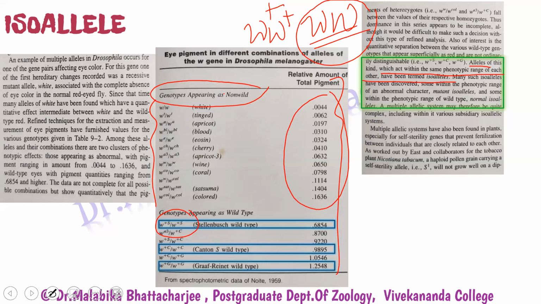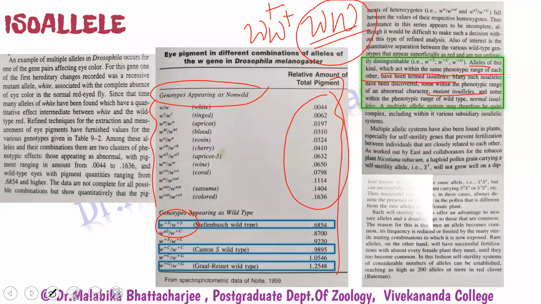So then we have the mutant isoalleles. Just remember that in a multiple allele system, if the alleles in different combinations show the same phenotypic manifestation, then we have to assume that these alleles fall under the isoalleles.